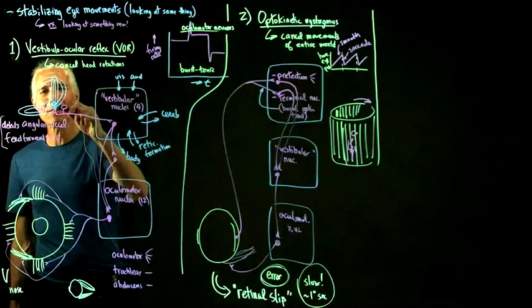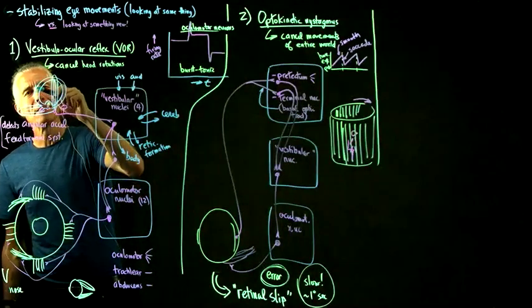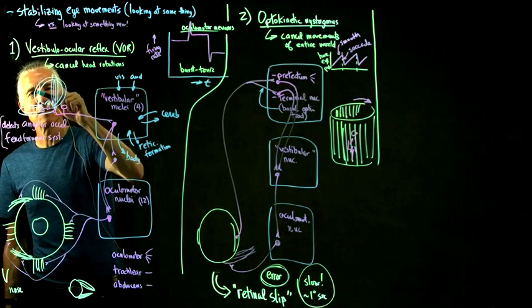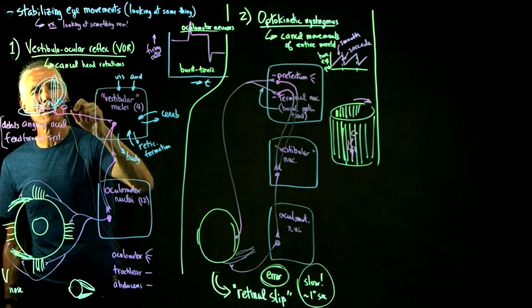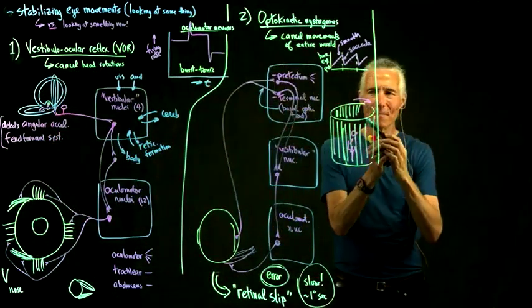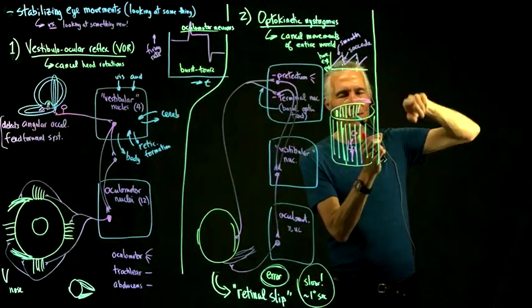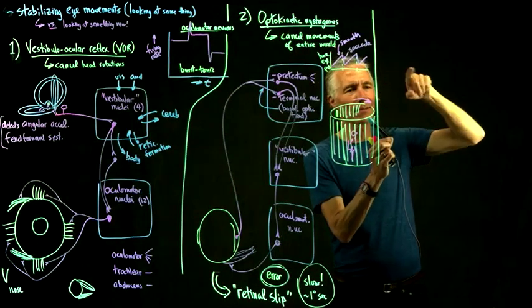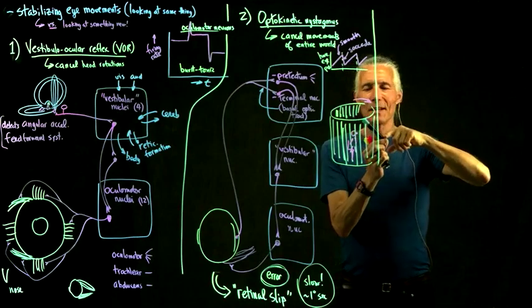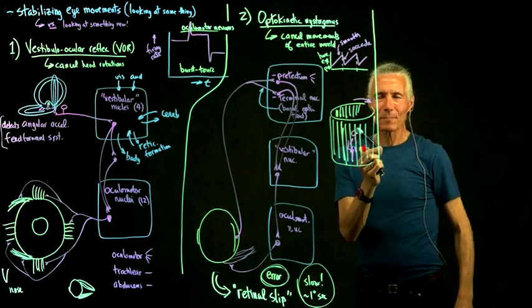You can get the fluid continuously moving in your vestibular semicircular canals, and it can push that little flap off to the side because the fluid is continuously rotating around, like if you sit on a little turntable and rotate yourself.